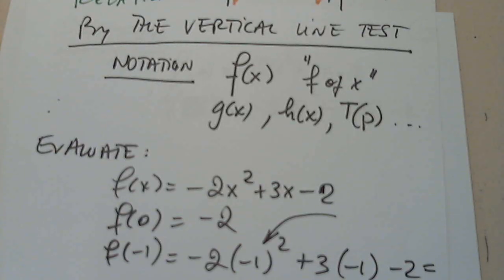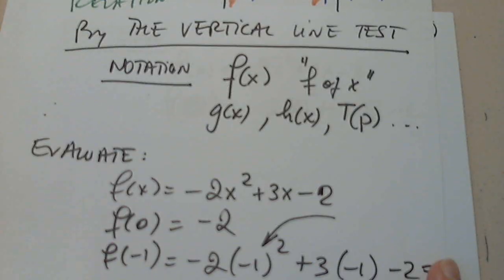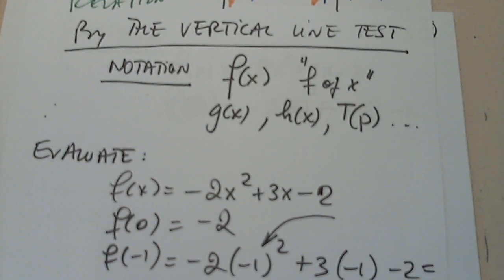So right here, negative 2. And plug in negative 1. And we will get negative 7. And it's done. Any questions? Okay.